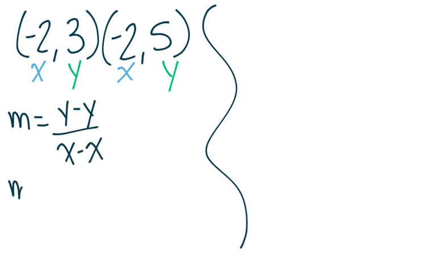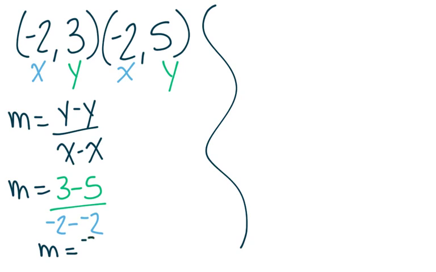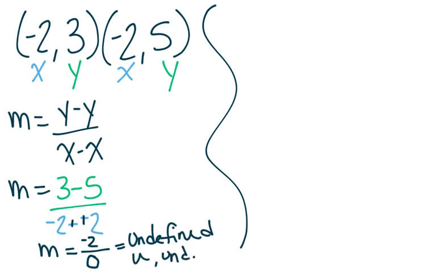So I have m equals, and then 3 minus 5 over negative 2 minus a negative 2. And we have m equals 3 minus 5 is negative 2 over 2 negatives make a positive. Negative 2 plus 2 is 0. 0 is on the bottom, which means we have undefined. Remember, your options are to write undefined, or you can also do U and D with a period to abbreviate. Okay.